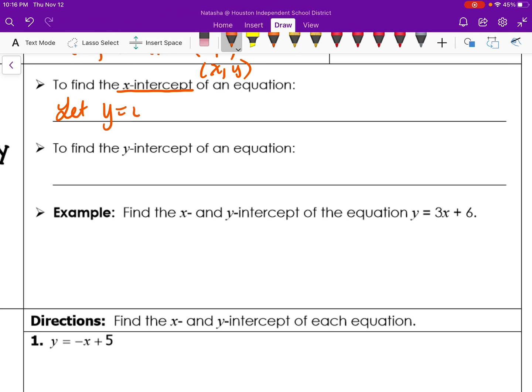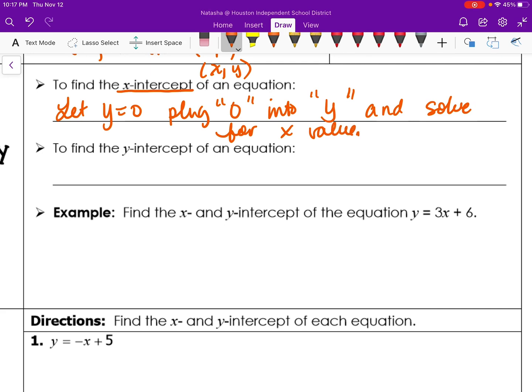So we're going to let y equal 0 to find what that x value is, all right? Now, we're going to let y equal 0, and then we're going to plug 0 into the y and solve for the x value.